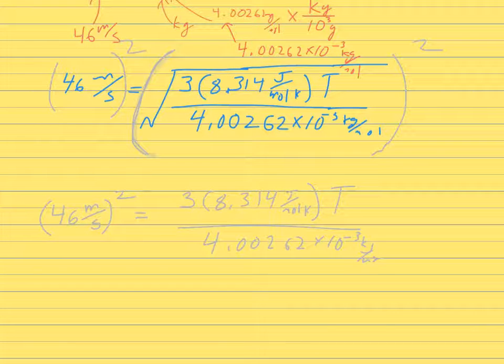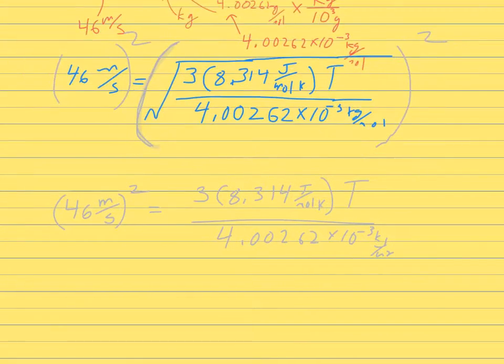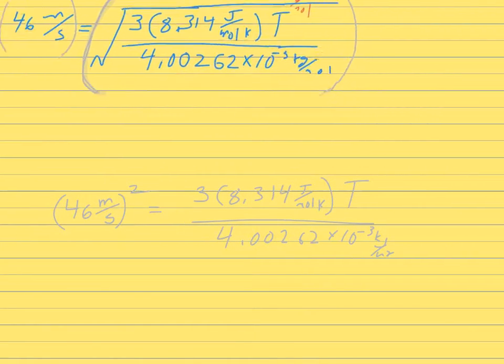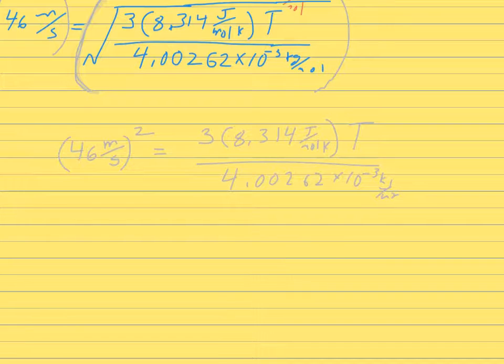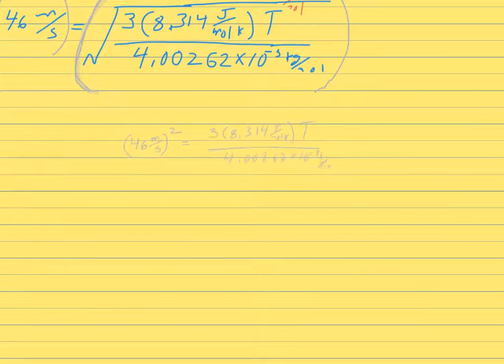I have to get my variable by itself, so now it's just a matter of working the algebra again. I'm going to multiply both sides by the reciprocal to clear it.